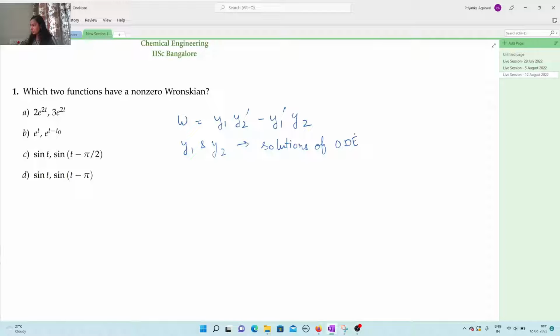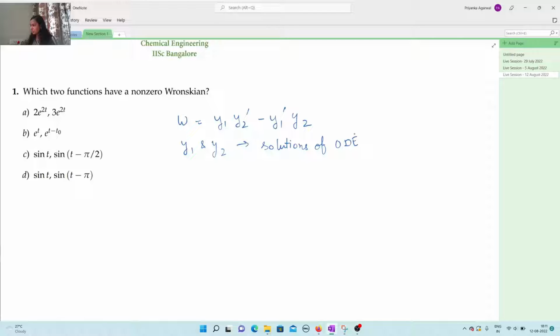Now, one of the properties is that if the Wronskian is 0, that would mean that the solutions y1 and y2 are linearly dependent. Now, if y1 and y2 are linearly dependent, then also the Wronskian will be 0.